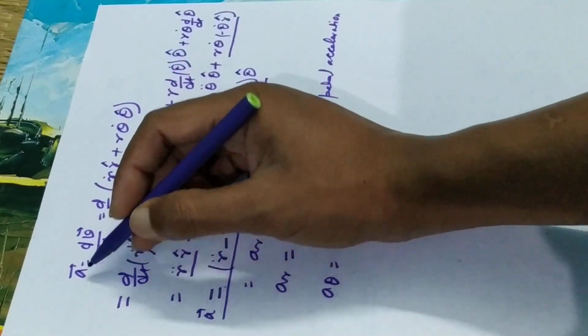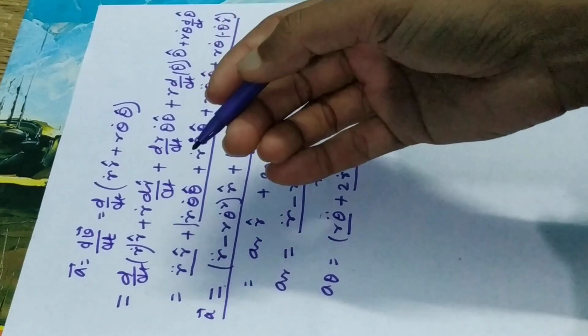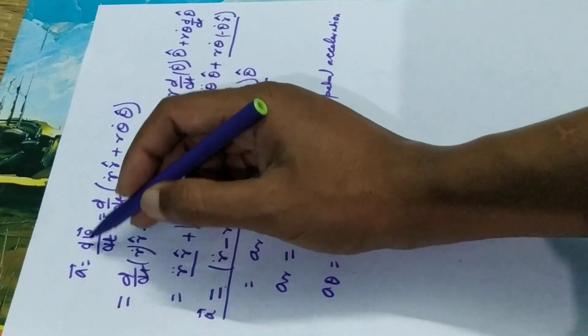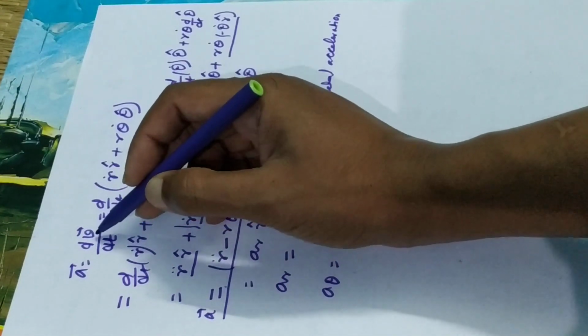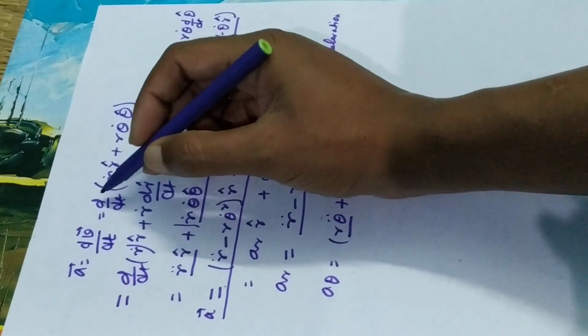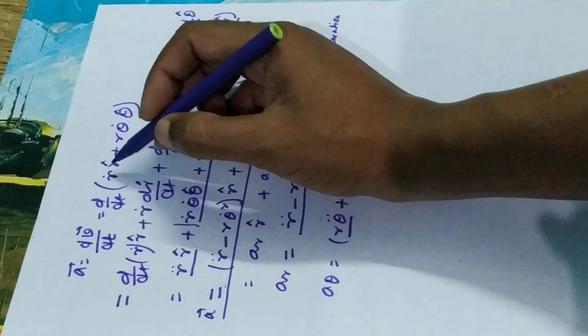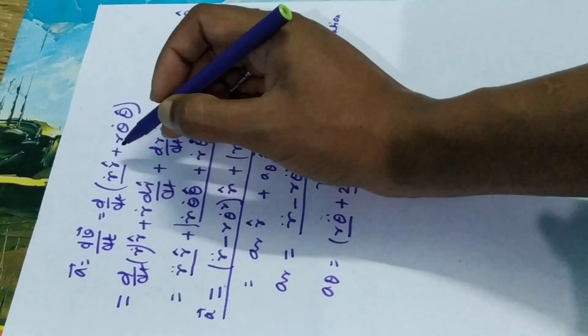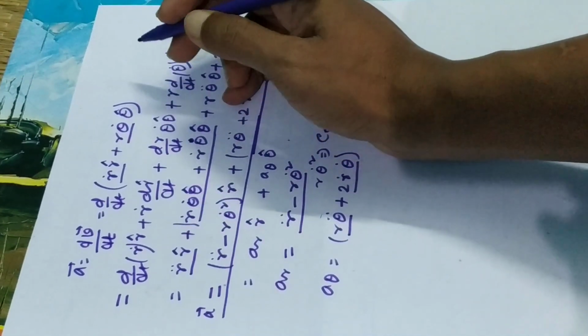We know the acceleration of a particle is equal to the rate of change of velocity. So acceleration a equals dv/dt, where v is the velocity. So a = d/dt of the velocity, and we know the expression of the velocity: r-dot r-cap plus r theta-dot theta-cap. There are two terms here, radial and cross-radial terms.